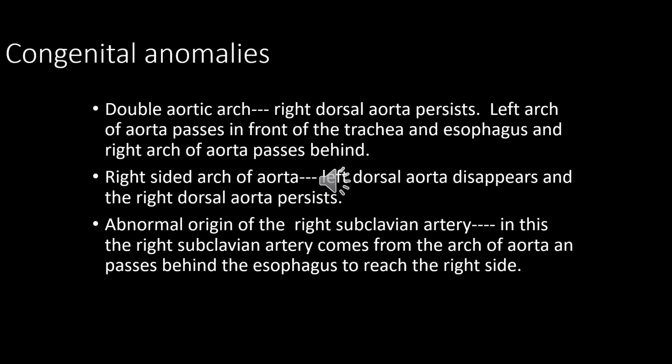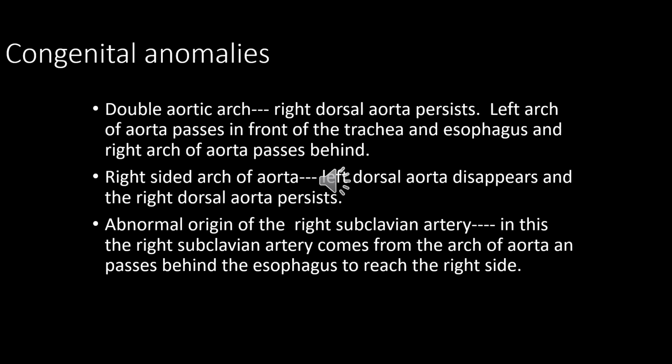Coming to the congenital anomalies involving the arteries, since the arch of aorta is formed on both sides, and on the right side it will disappear, on the left side it will persist. But if both persist, then we have two aortic arches.